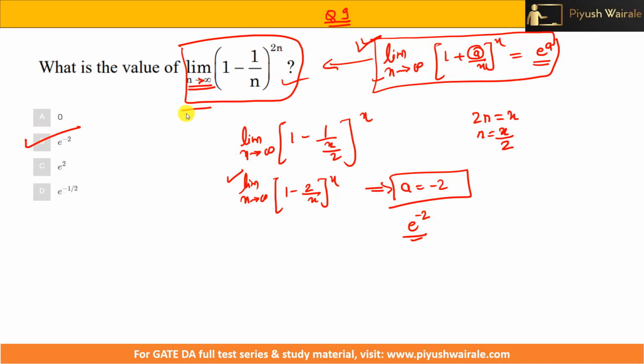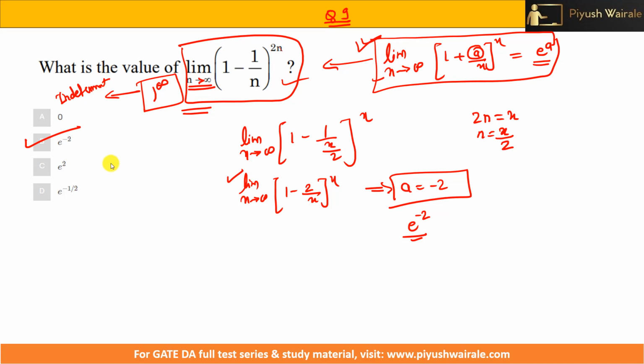But if you don't know this property, then you need to solve by the conventional method. What is the conventional method? Whenever you get this type of expression, that is the 1 to the power infinity form. If I put infinity here, 1 minus 1 by infinity is 0, so 1 to the power twice infinity, that is 1 to the power infinity. This is basically an indeterminate form.